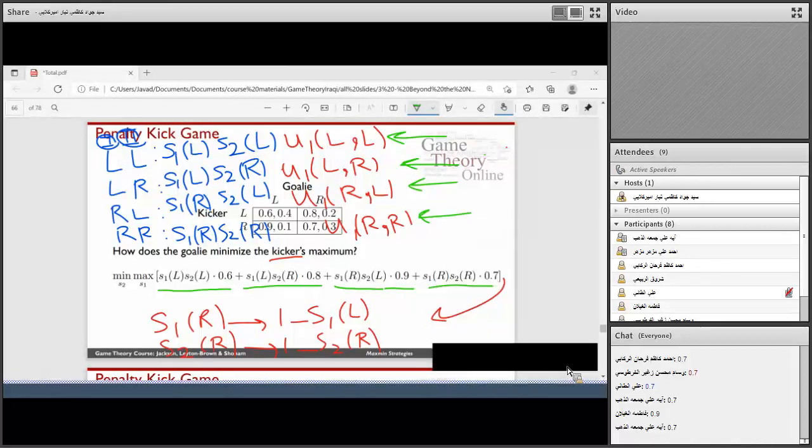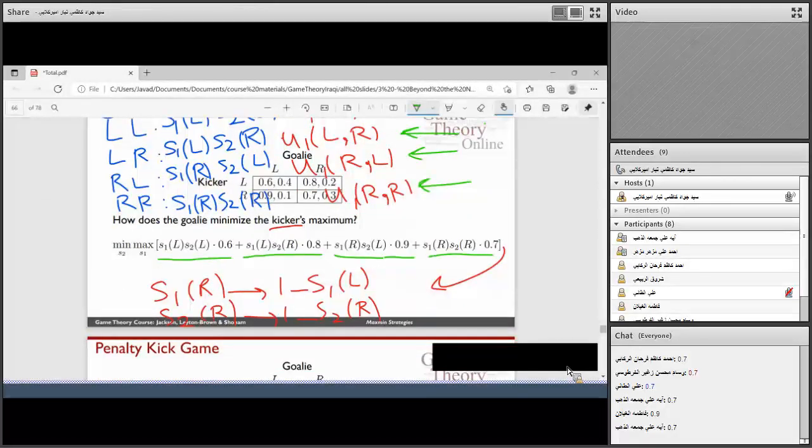My pleasure. Anyways, so this is what we mean by the expected value of the payoff of user 1, which is the kicker. Now we're supposed to do a min-max over this one. But before we continue with the min-max, we have to consider these conversions. The probability of user 1 going to right is equal to 1 minus the probability of user 1 going to left.